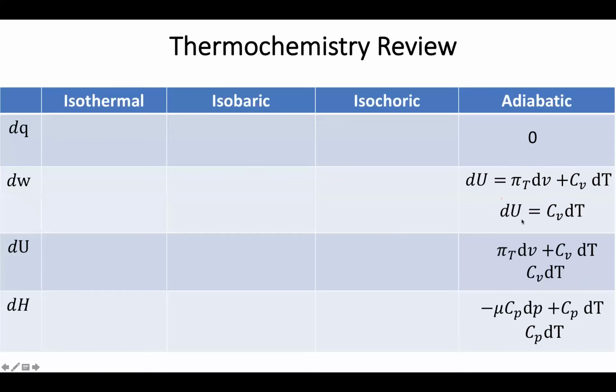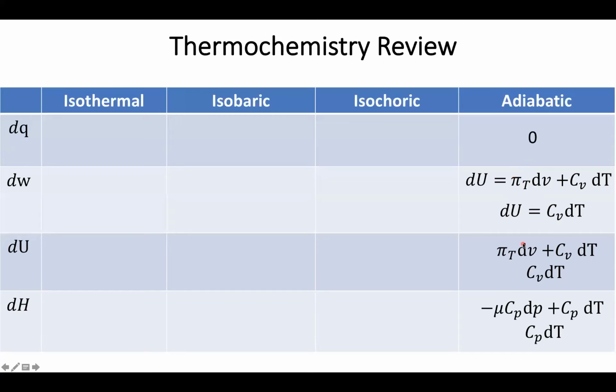Which also means that by measuring the temperature of an adiabatic system, you can also directly measure the work of an adiabatic system, as long as you essentially know the identity of your gas and its heat capacity. However, again, this expression gets a little bit trickier for non-ideal systems.